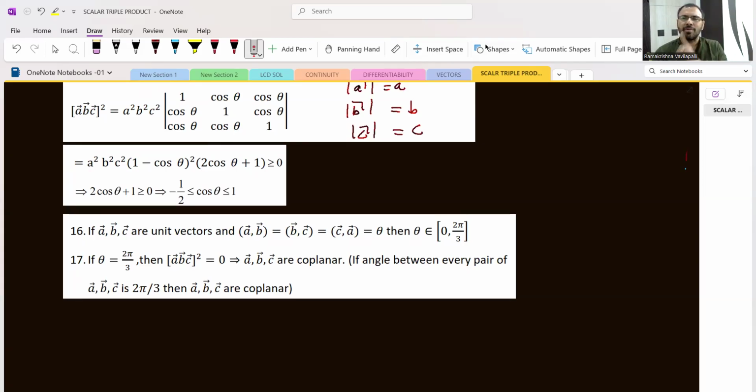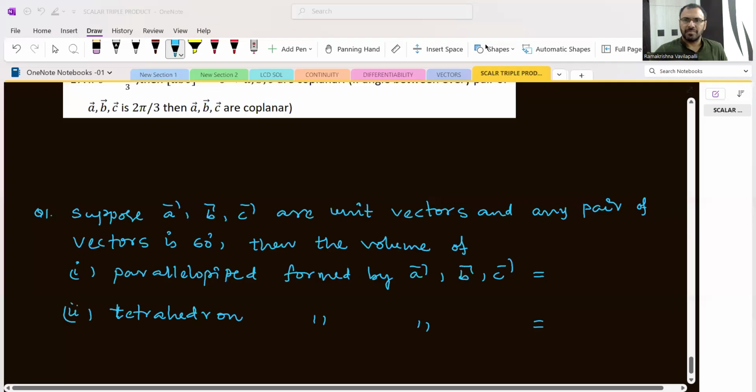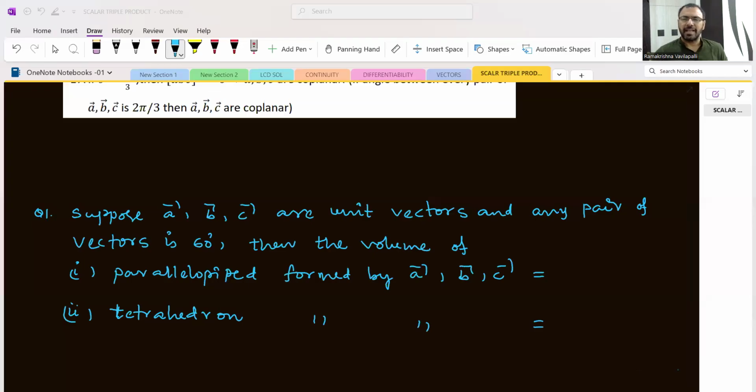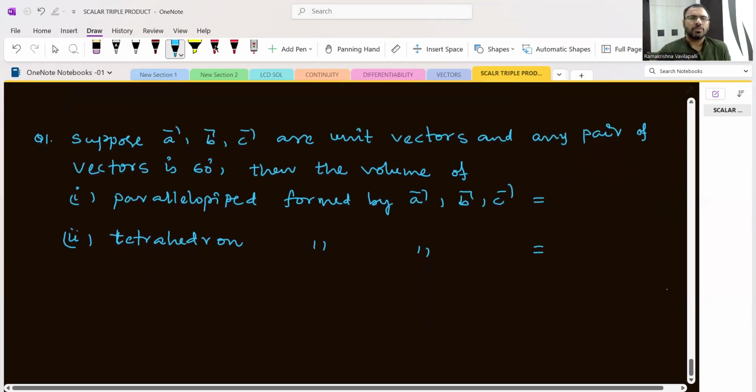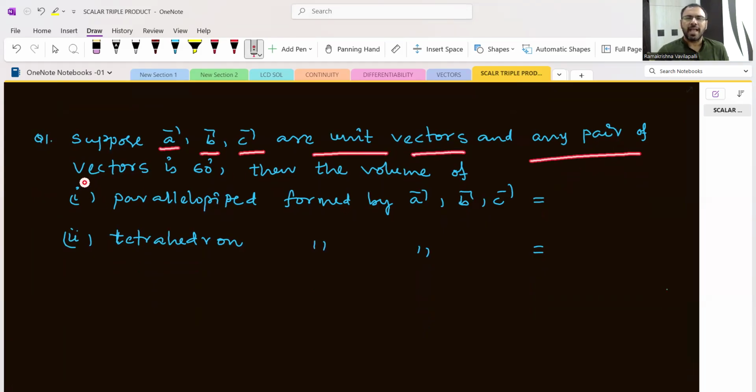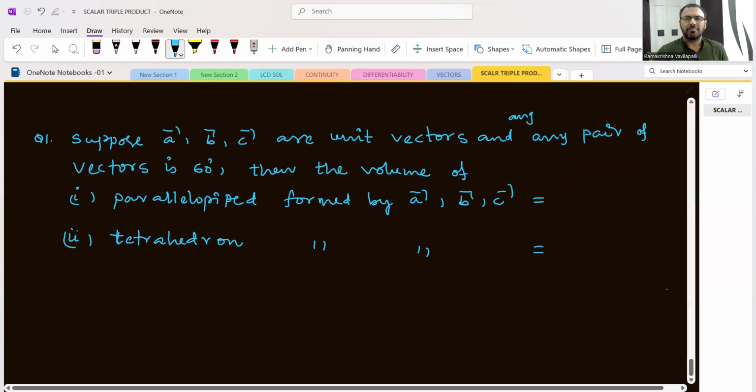I'll give one example based on this fact. Here is an example, of course, a previous IIT question. Suppose that A bar, B bar, C bar are unit vectors and the angle between any pair of vectors is 60 degrees.